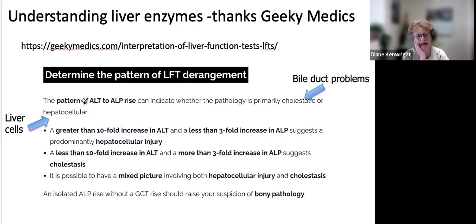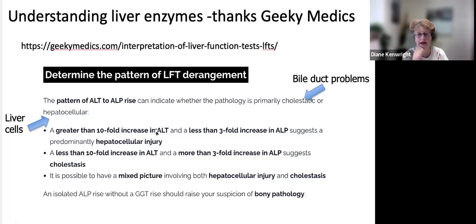What we have to do is look at the ALT to ALP rise. So the ALP indicates duct problems, and the ALT indicates hepatocellular problems. They often both go up, but it's about the ratio of the ALT to ALP.